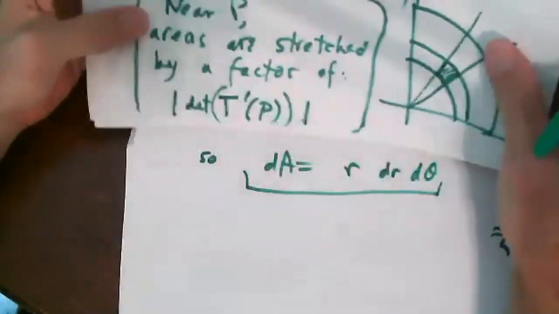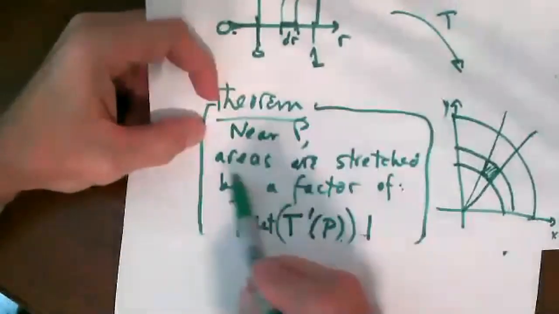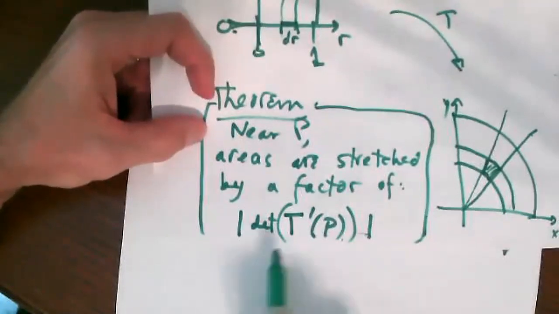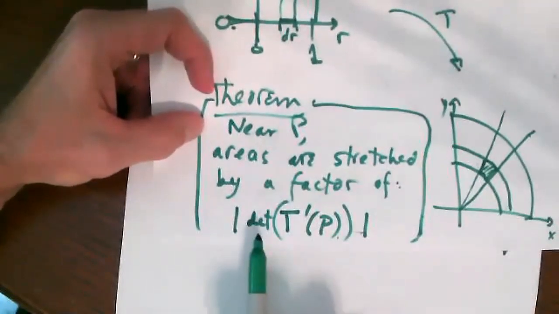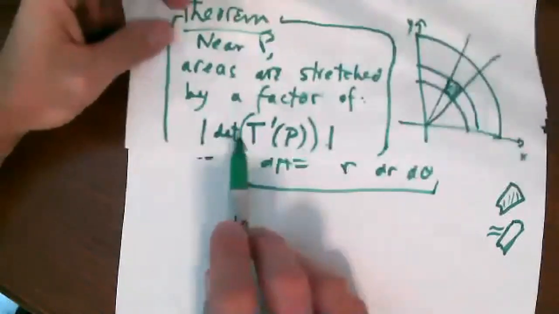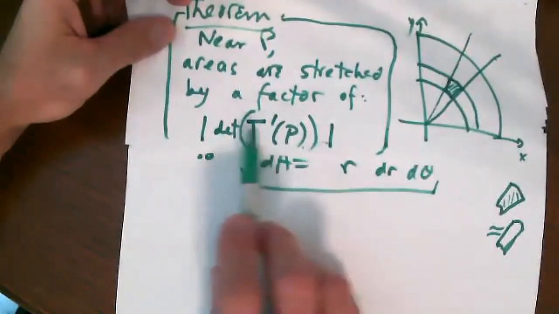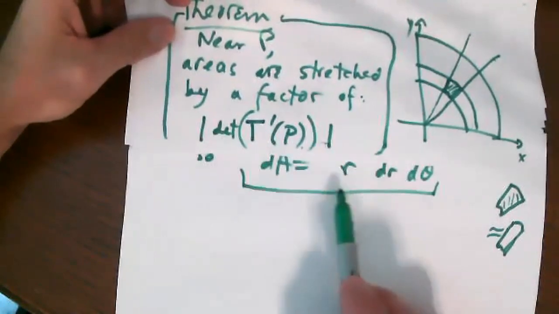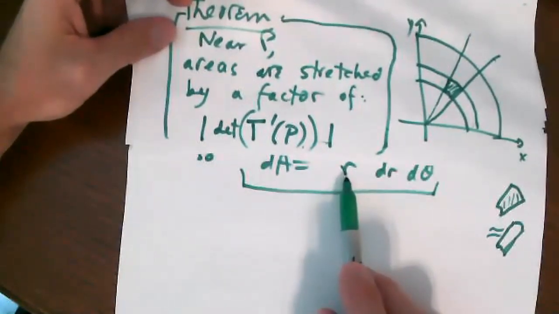You'll notice that this claim here about how much areas are being stretched or shrunk, in the polar coordinates case, notice that the calculation that we've just given says that the fudge factor that says how much areas are changing turns out to be just r.